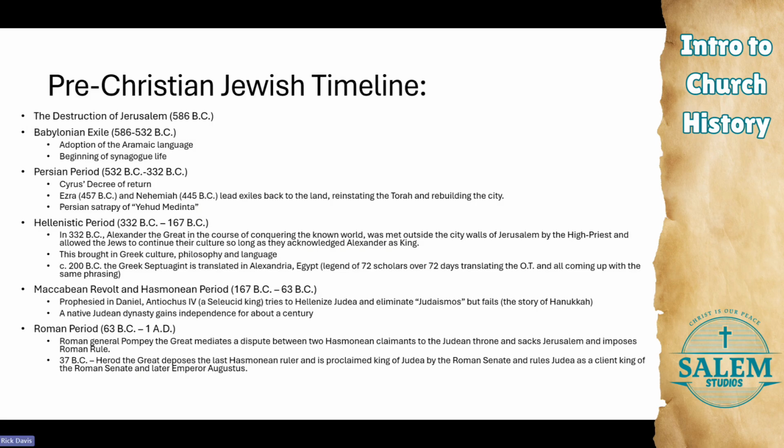332 BC is one of the most important years in the history of the ancient world. For the Persians ruled much of the known world for about 200 years, but then almost out of the blue, one of the most significant figures in ancient history arises in the northern Greek kingdom of Macedon, and that is, of course, Alexander the Great.